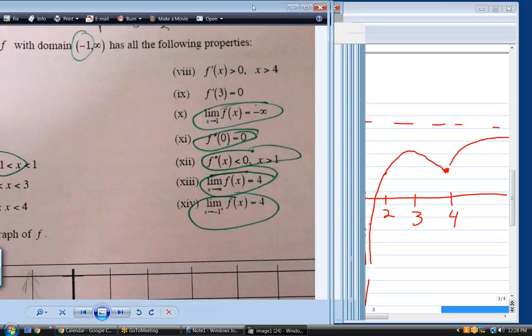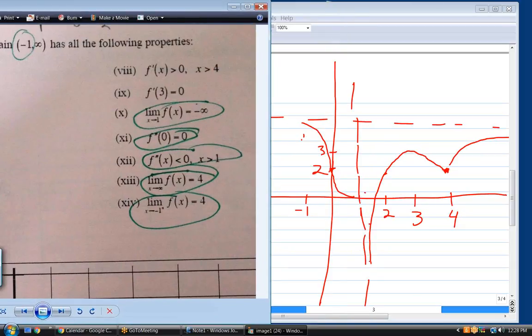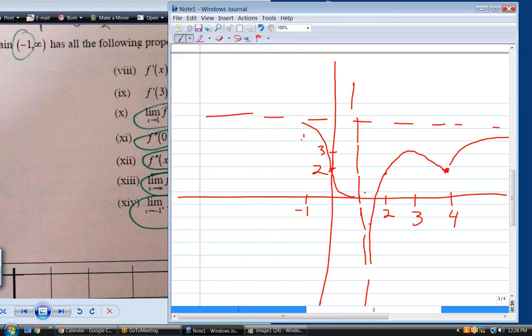So it has to be concave down everywhere to the right of 1. And I can certainly connect these 2 points here so that that's true. No, it's concave up there. So I can't connect them. I have that much.